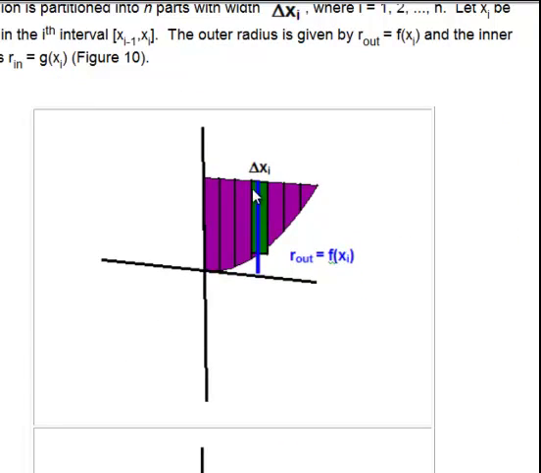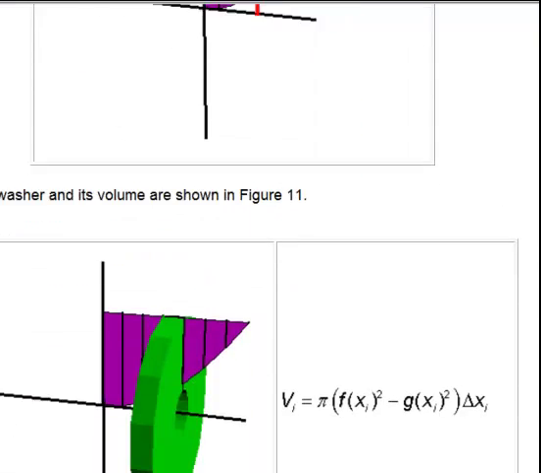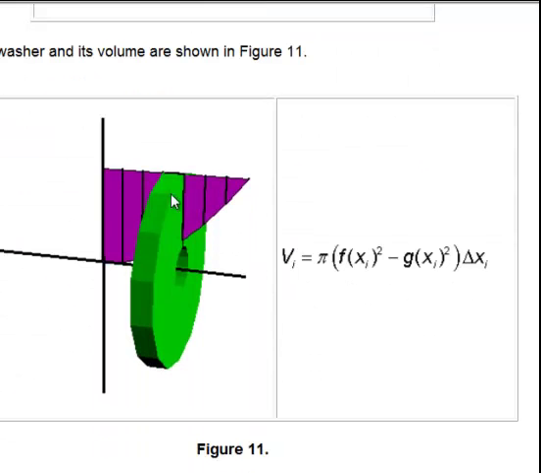Once again, what we can see are the widths of these rectangles, which we're calling delta x. And the heights of these rectangles are going to be the difference of our upper curve minus the lower curve. Eventually we're going to revolve these rectangles around, and what we're going to be looking at are disks minus an inner disk.